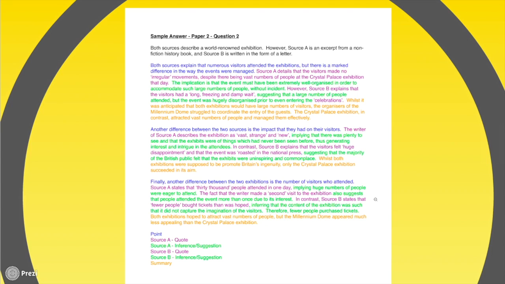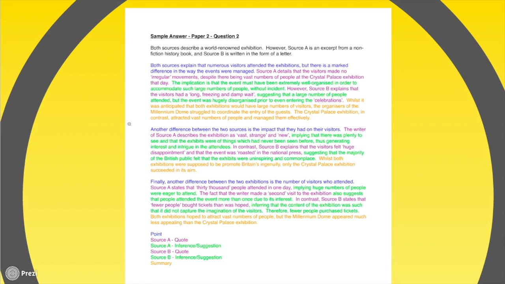Now, each one of those paragraphs has a point, and in that point I say what the difference is between the two sources. Each of them has a quote and an inference for the source A, and then a quote and an inference for source B. And then each one has the summary, the general summary written at the end.